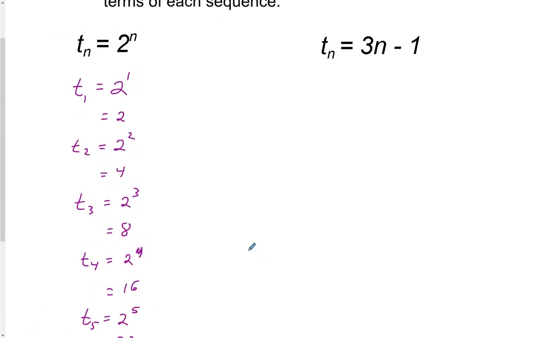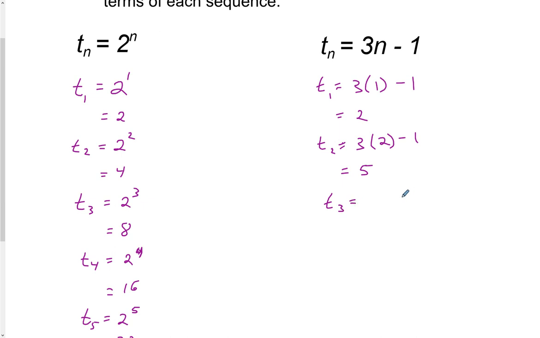So we've got a general term of 3n minus 1. So let's do our first 5 terms. Our first term is going to be 3, and I'm going to put in a 1 wherever there was an n. So 3 times 1 is 3, minus 1 is 2. For my second term, I'm going to put in a 2 wherever there was an n. So 3 times 2 is 6, minus 1 is going to be 5.